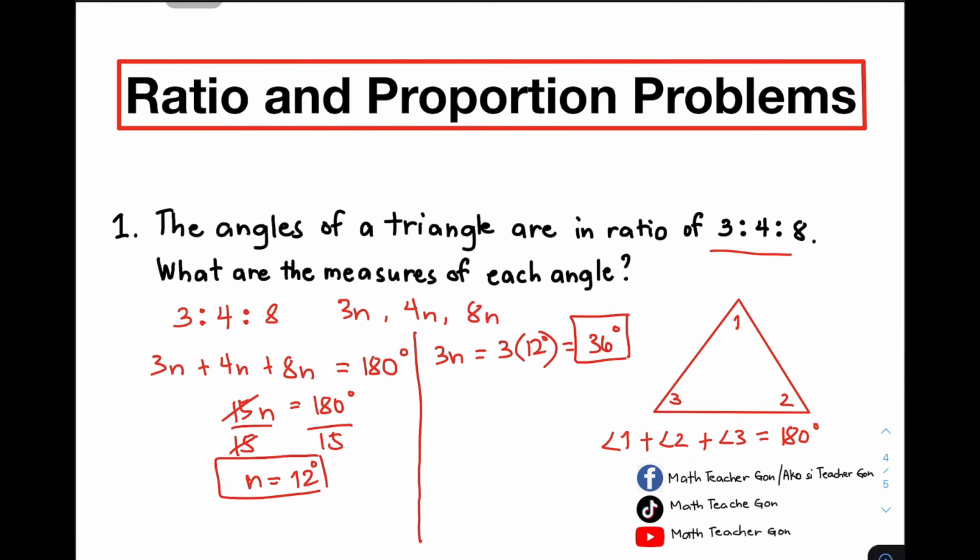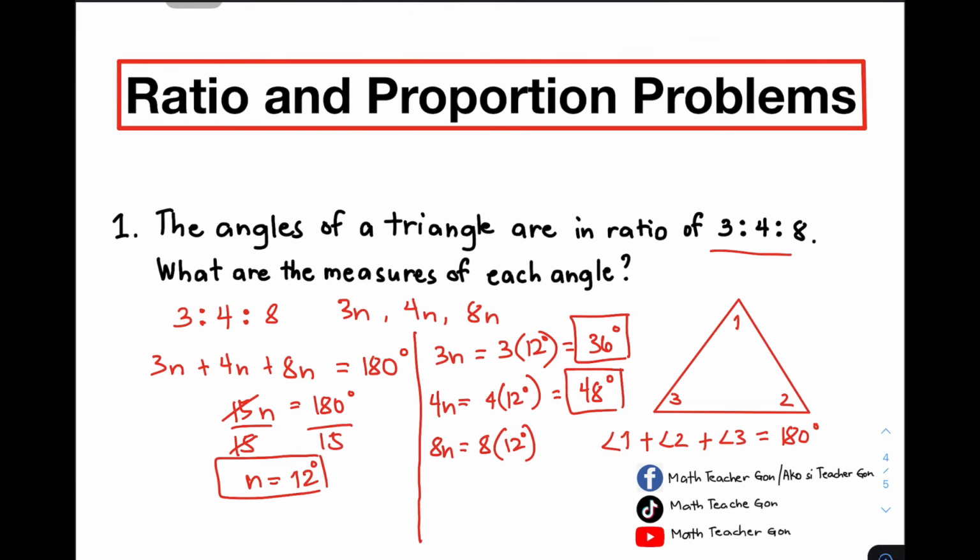And as for the second angle, we have 4n. So what we need to do is to multiply the value of n, which is 12, by 4. So this will give us the answer of 48 degrees. Ito na ngayon yung value ng ating second angle. And lastly, we have the third angle, which is represented by 8n, and that is 8 times 12 degrees.